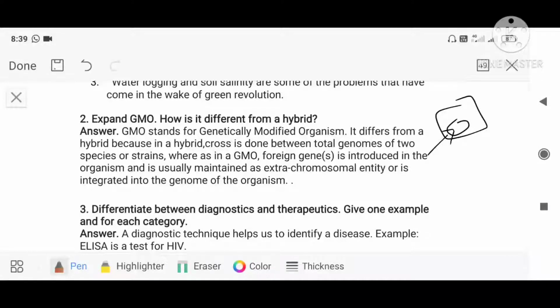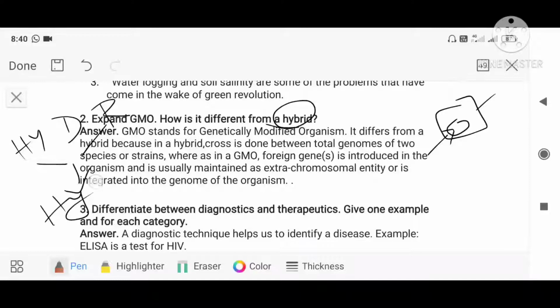That is how I am producing a genetically modified organism. But in hybrid, how is it done? I am selecting two parents. One is high yielding and another one is disease resistant. Now, pollen grains from one are introduced into the stigma of the other, and they produce an F1 generation. It is a hybrid which has a combination of high yielding as well as disease resistant. So, this one we call a hybrid. And how is it different?